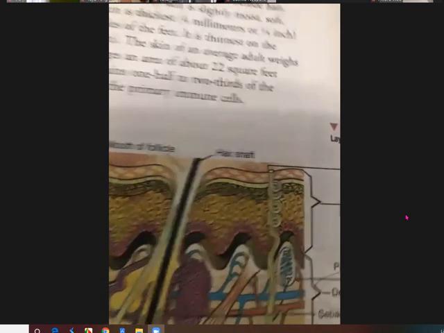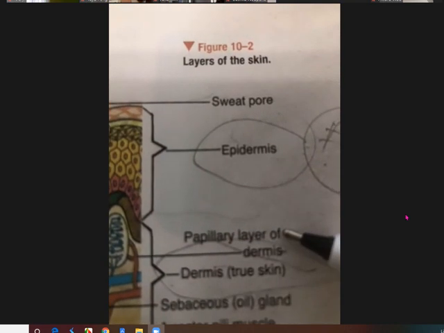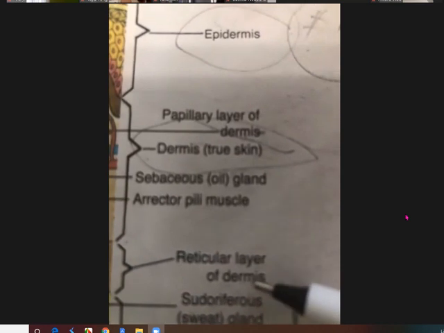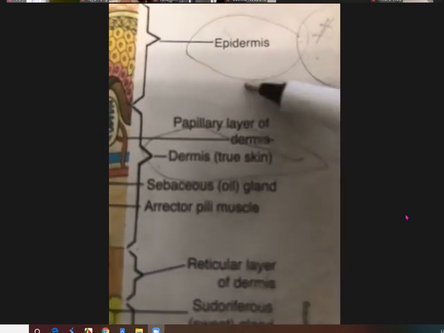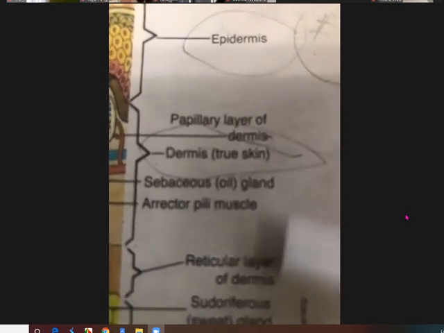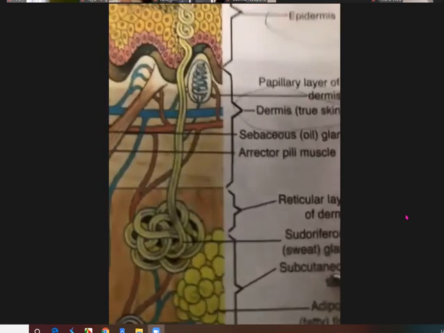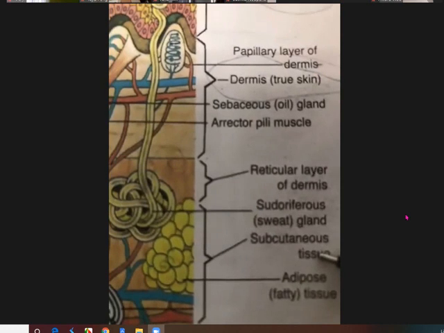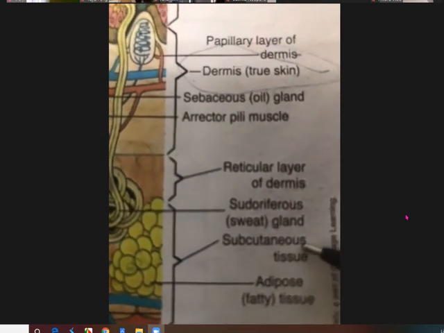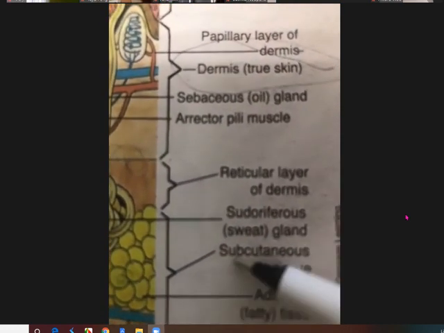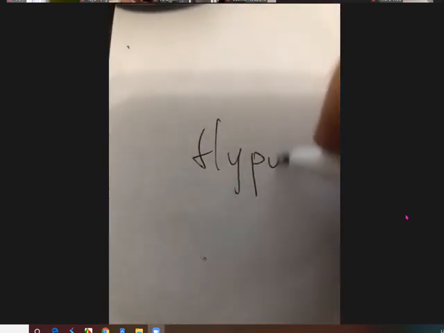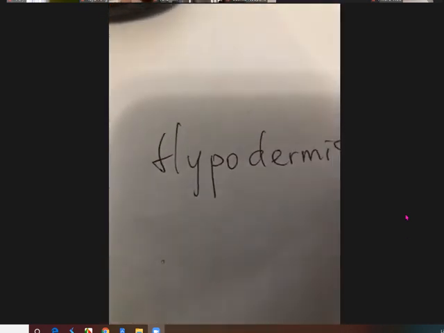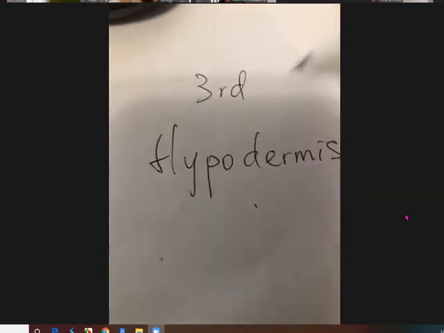The first layer is called the papillary layer, and the second layer is called the reticular layer. So the dermis has 2 layers. 真皮层有2层. And then the bottom layer, 真皮层下面的底层, is called your subcutaneous layer, or another name for it is hypodermis.